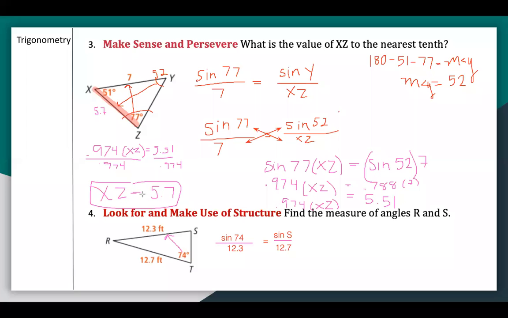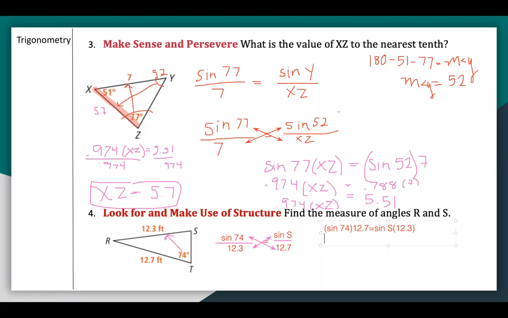So at some point during this process, I need to use the inverse of sine. When I cross multiply, the sine of 74 is multiplied by 12.7, and that should be equal to the sine of S multiplied by 12.3.